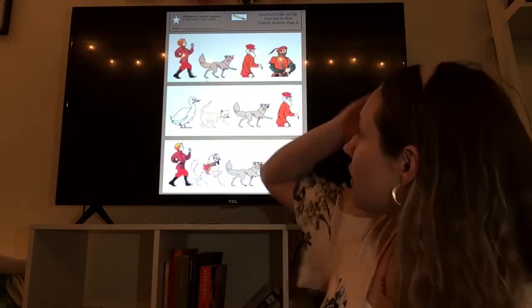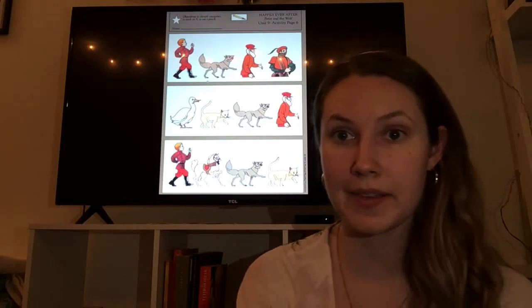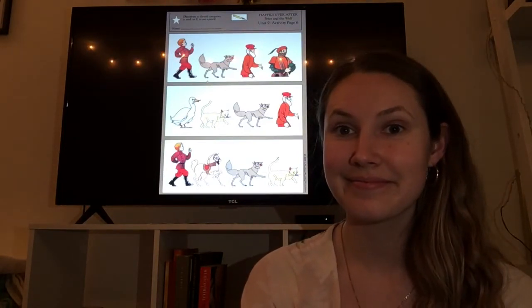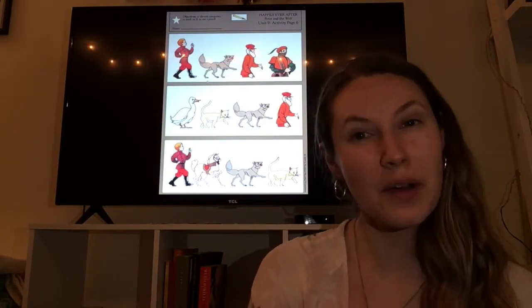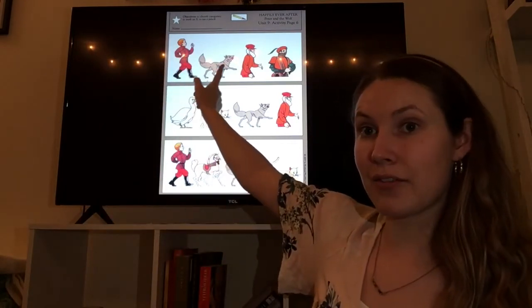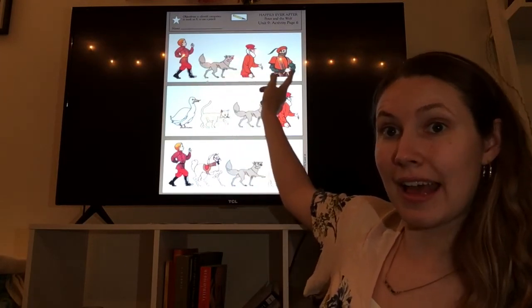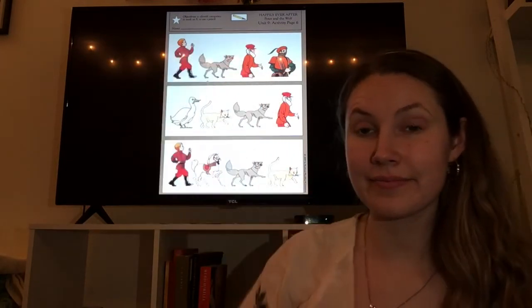So let's look at this first group of characters at the top. What do you notice about them? Let's go ahead and name them. We have Peter, we have the wolf, we have Peter's grandfather, and we have a hunter.